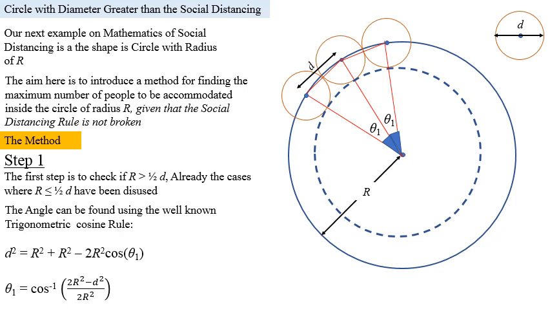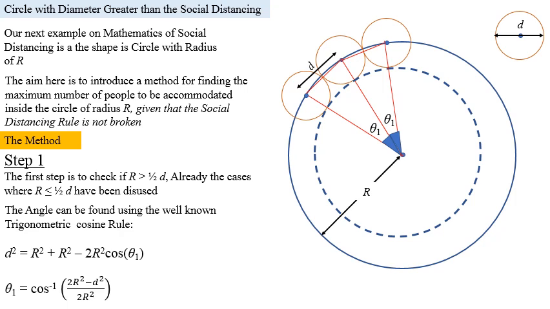In this case, certainly r is going to be greater than half d, or in other words the diameter of the circle is greater than the distancing d if we multiply by 2. The other cases we have dealt with, so there is no point in repeating them.